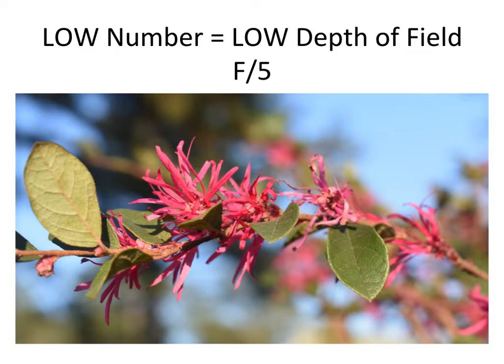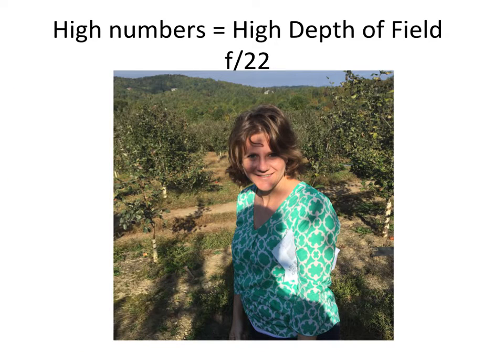So when you're shooting in A and you're choosing the aperture, if you want a blurry background or low depth of field, you choose low numbers. If you want everything to be in focus, you choose high numbers so that you get high depth of field.